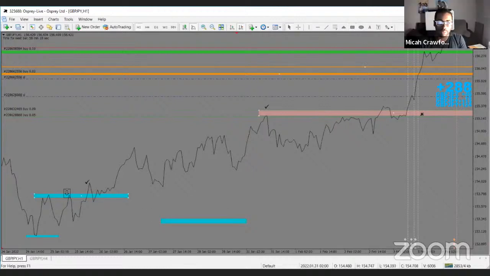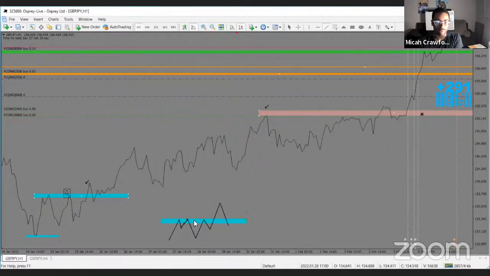So if this is my resistance area right here, okay? Price forms resistance. It dropped down. It went back up. It dropped back down. It went back up. It dropped down. I need for price to break these highs and lead to a higher high. The next thing I need to see is the market pull back and retest this area.